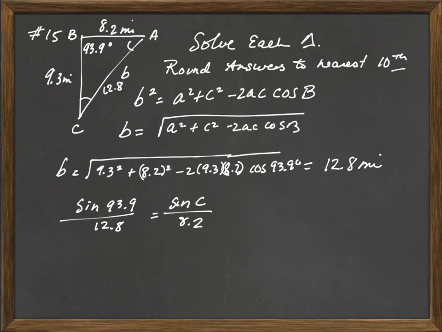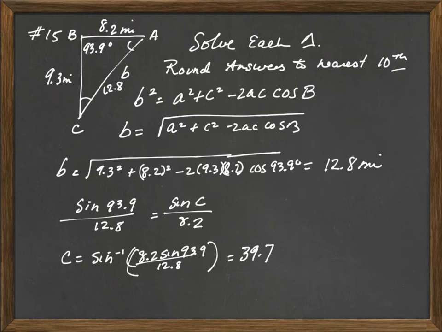And so C is the inverse sine of 8.2 sine of 93.9 over 12.8. And you should get 39.7.